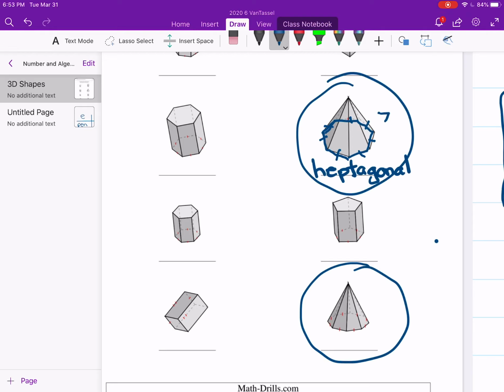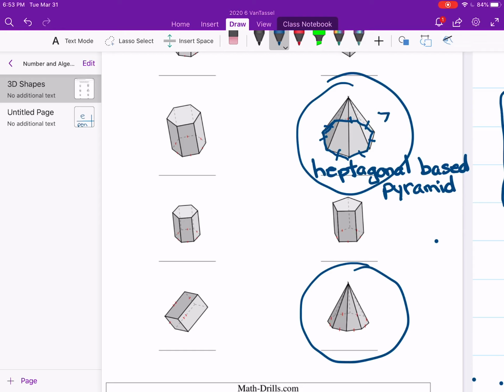And now, because the base, the bottom of this pyramid is a heptagon, we call this a heptagonal based pyramid. So it really means the base or the bottom of this pyramid is a heptagon.